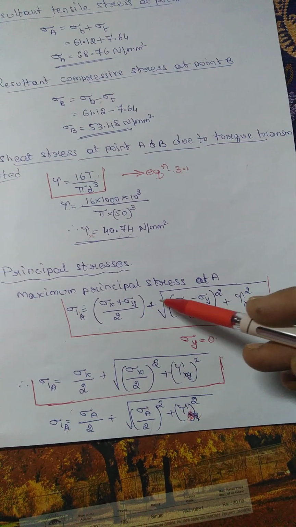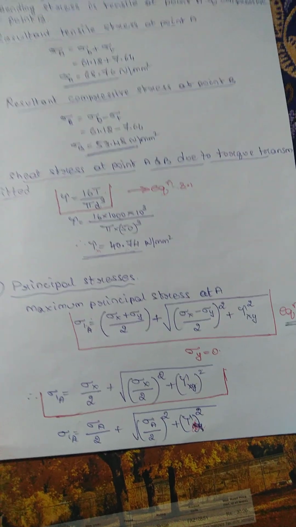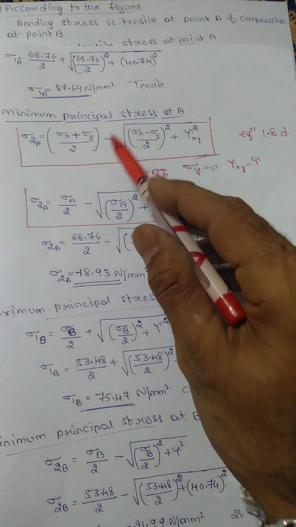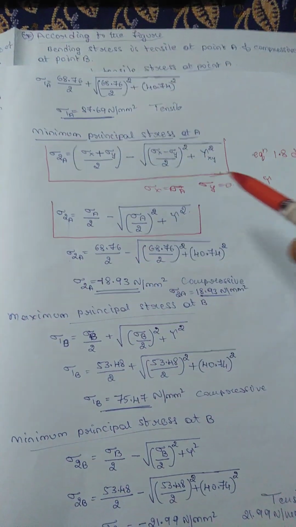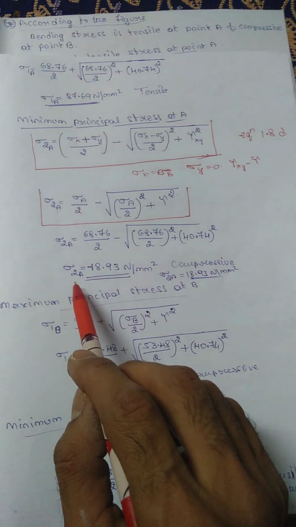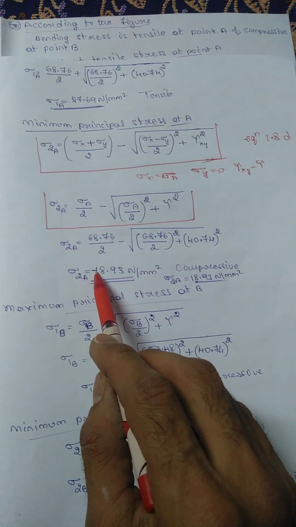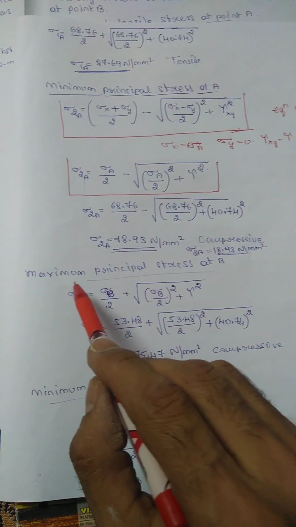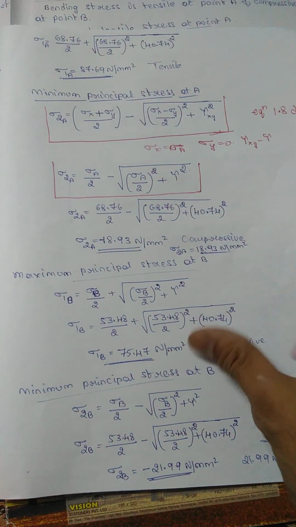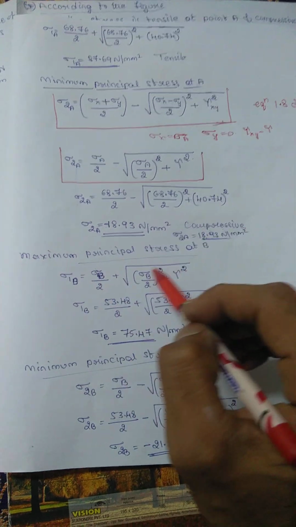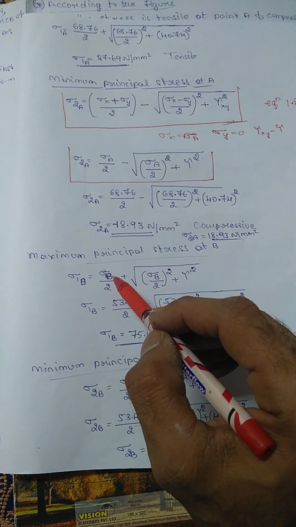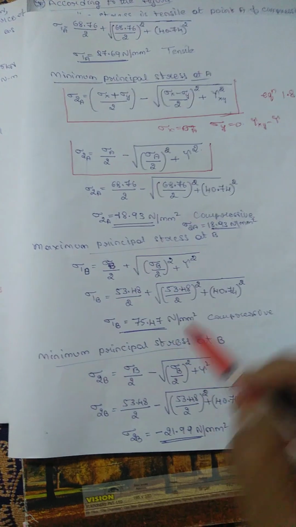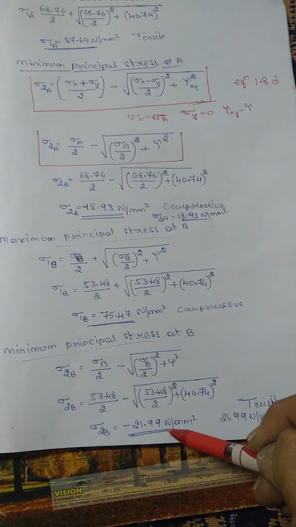For maximum principal stress it was plus, and for minimum this is minus. Remaining everything is the same. So we'll get sigma 2A with a negative sign, so this is compressive. Next, for point B, similarly you have to substitute B in the place of A. So you'll get sigma 1B and sigma 2B.